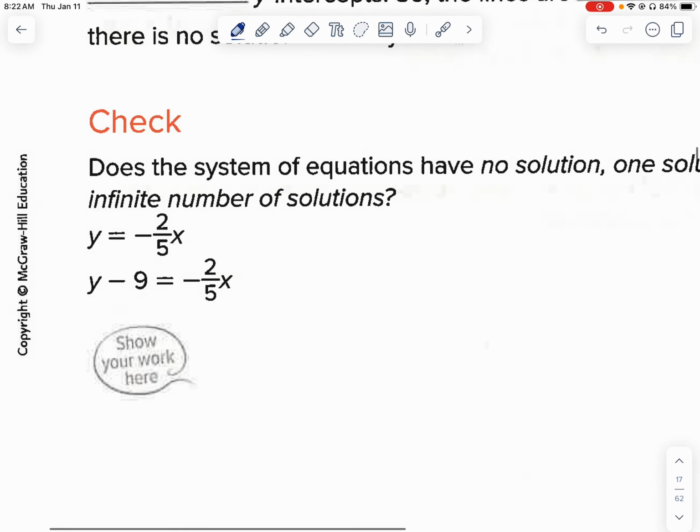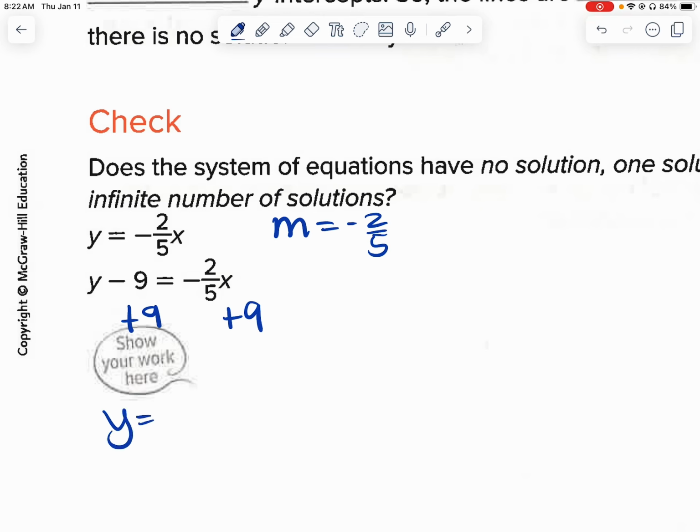We're going to come to this one right here. The top one, its slope is negative 2/5. This one, we do not have the y by itself. So we need to get the y by itself. So I'm going to add 9 to both sides and get y equals negative 2/5 x plus 9. This slope is negative 2/5.